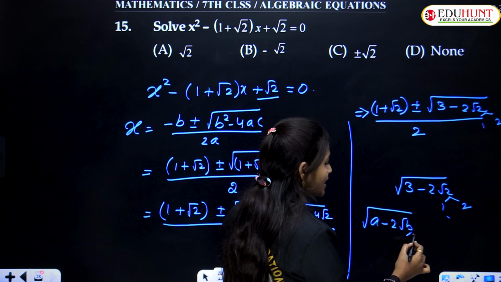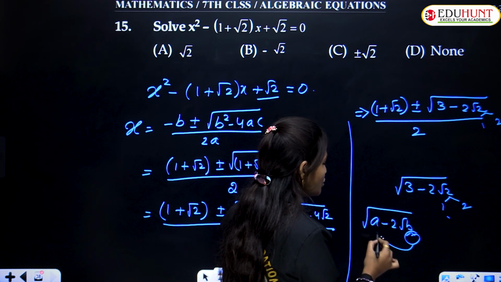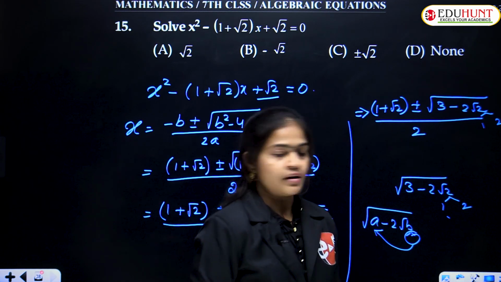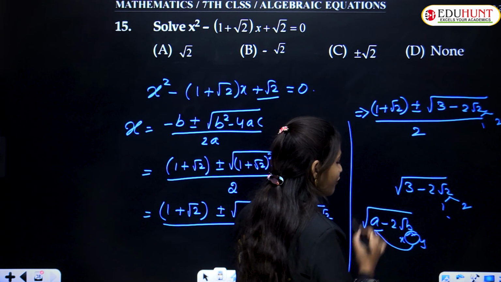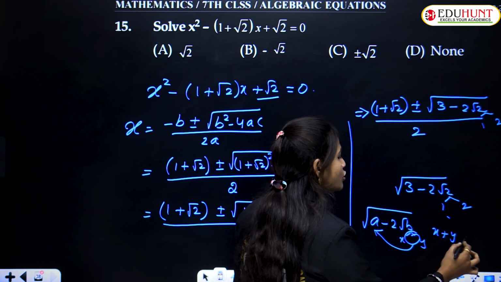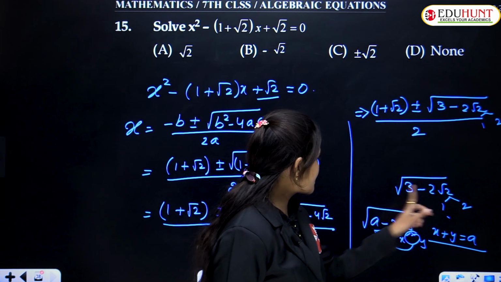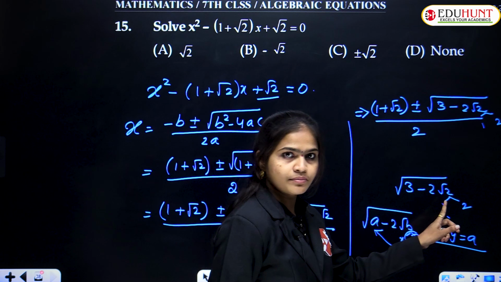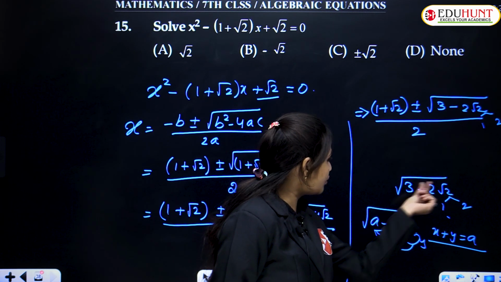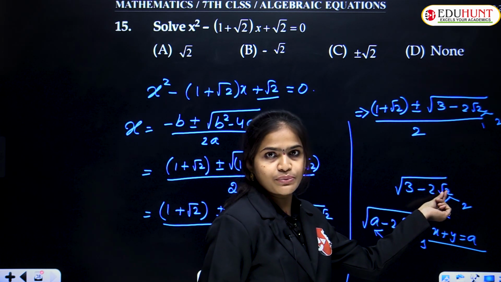So the factors of b, their sum should be equal to a. Factors means here x and y are the factors, then x plus y should be equal to a. Understand? Here this is in the form of square root of a minus 2 root b. Okay. Here 2 is there, then only this is possible.